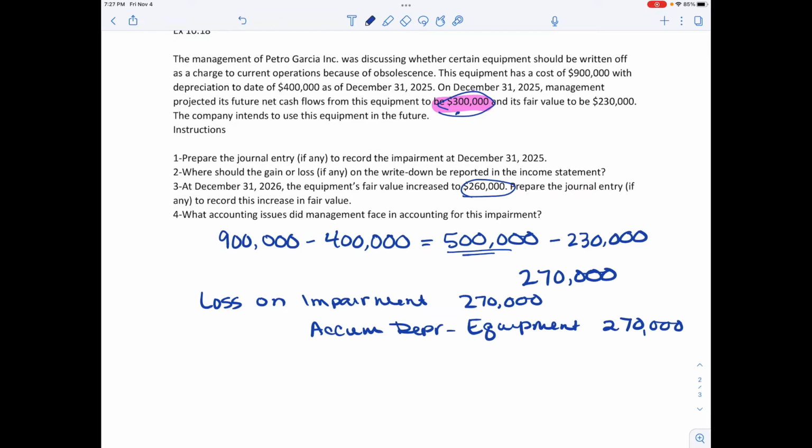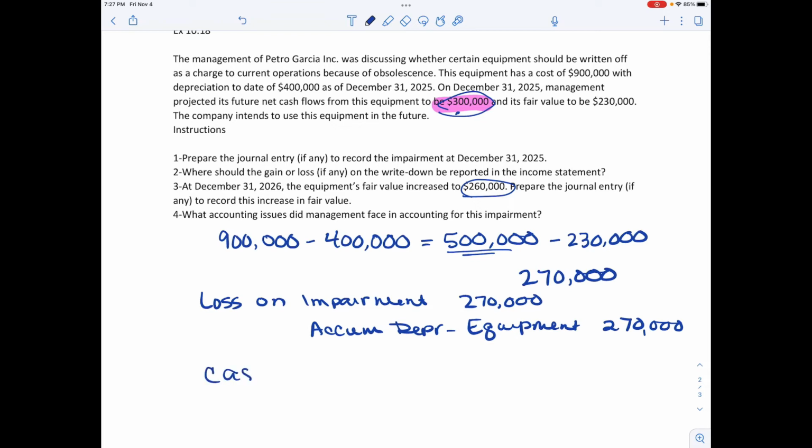So those are the few things that I just wanted to make sure you note, the terminology there of the recoverability test, and that the impairment loss is the amount by which the carrying value exceeds the fair value. So there's 3 things we're looking at. This net cash flows, if it's less than the carrying value, it's impaired.